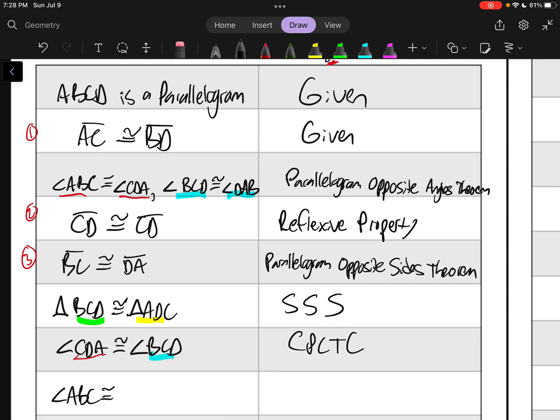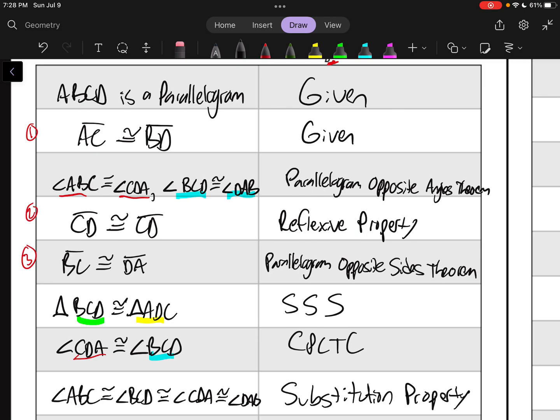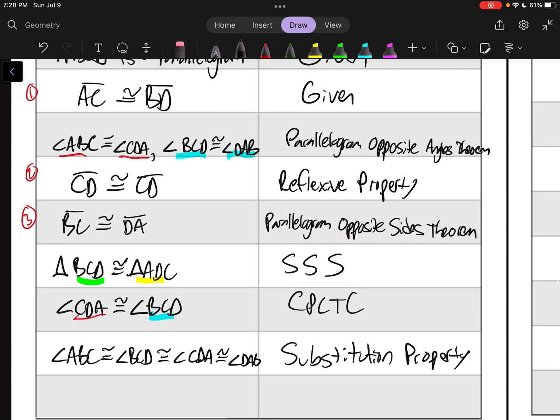So angle ABC congruent to angle BCD, congruent to angle CDA, congruent to angle DAB by substitution. And then that means it's a rectangle. So ABCD is a rectangle according to the definition.